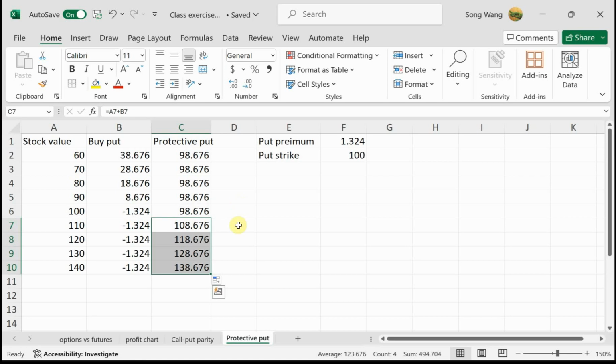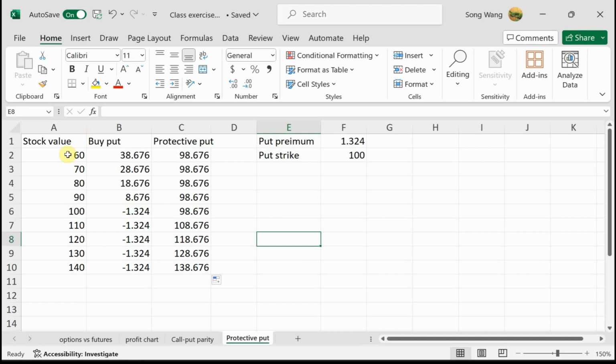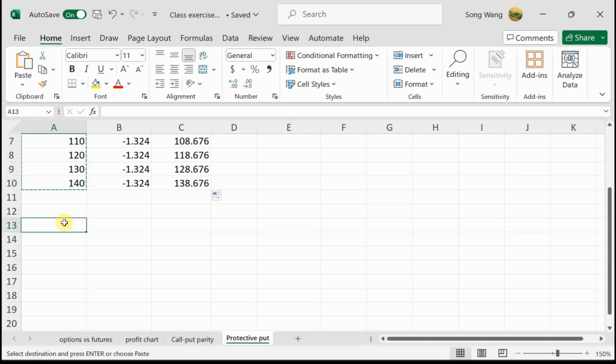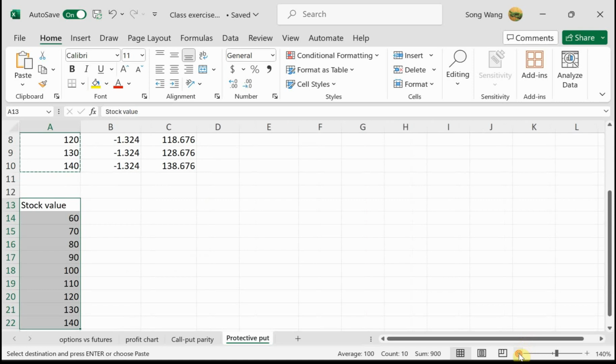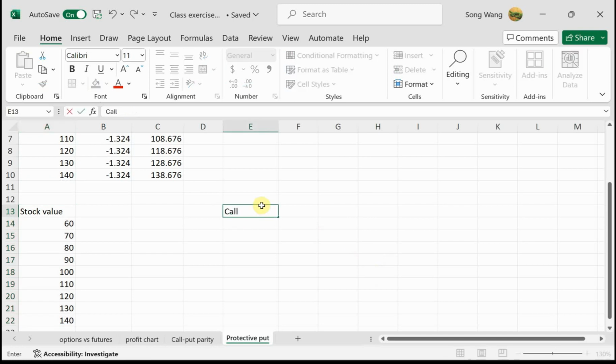Okay, and the textbook also gives you the net collar protective put. That's a little different. So what you see here is the portfolio value again from 60 to 140. And the textbook gives you a call option.